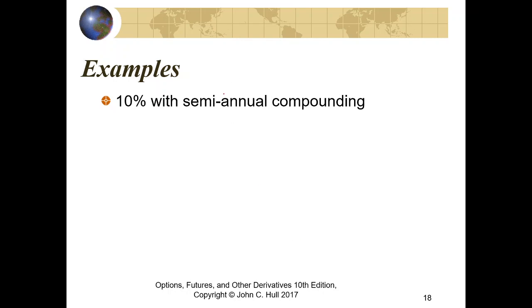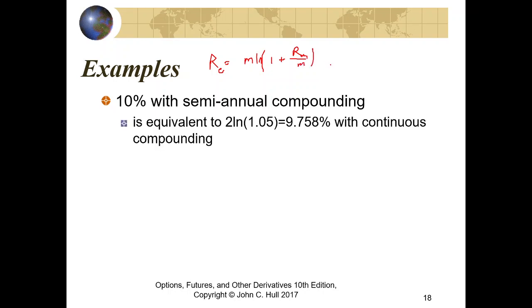Using the formula, we will get Rc is equal to M times ln, the natural logarithm of 1 plus Rm divided by M. So if we want to translate this, we will have 2 times ln of 1 plus 10% divided by 2, which is 5%. 1 plus 0.05.